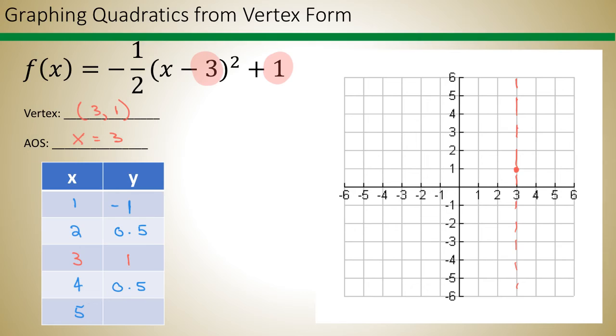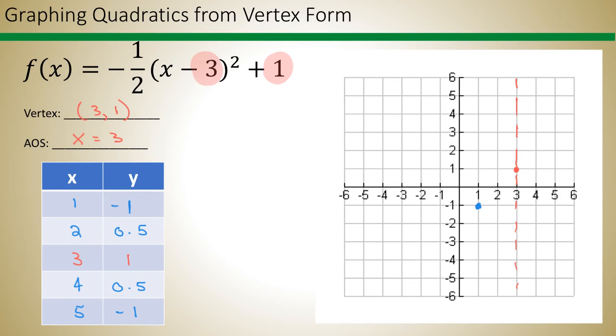And then when I sub 5 in, it should also give me negative 1. But let's see. 5 minus 3 is 2. 2 squared is 4. 4 times this is going to be negative 2. Negative 2 plus 1 is negative 1. And now we just plot those points. So 1, negative 1.